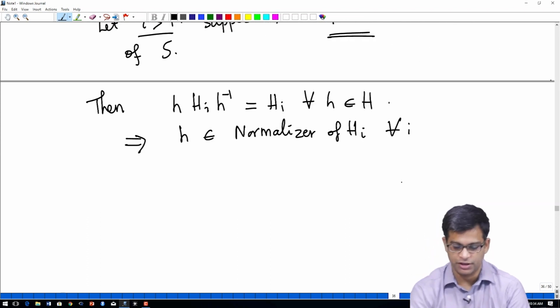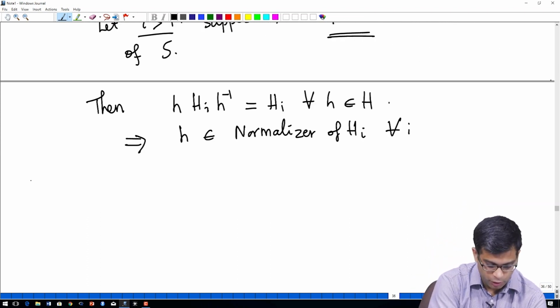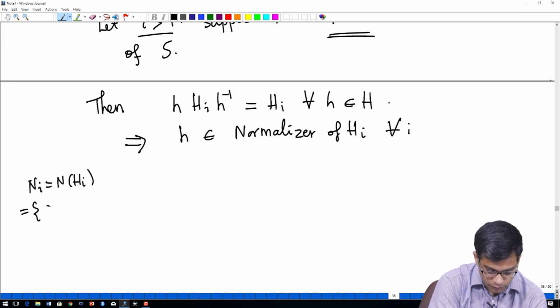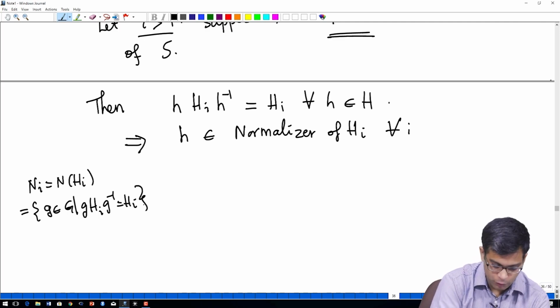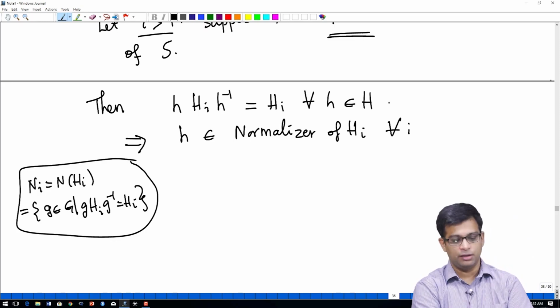Small h is in the normalizer of H I for all I, because what is a normalizer? Recall, I am going to call it N I, which is the normalizer of H I, is by definition all G in G such that G H I G inverse is H I. If you go back and see in the earlier part of the video, the normalizer was defined to be this.